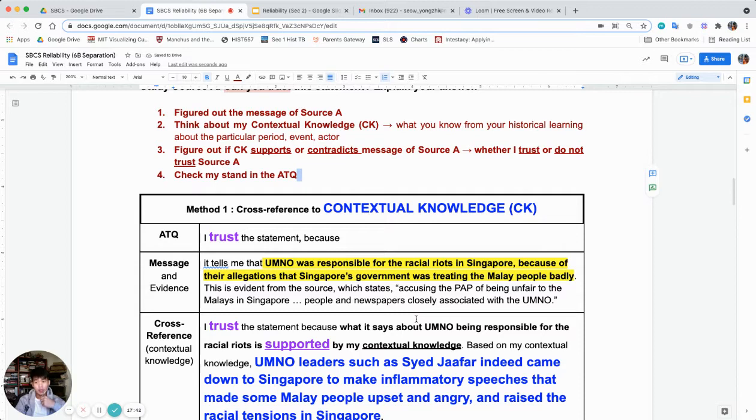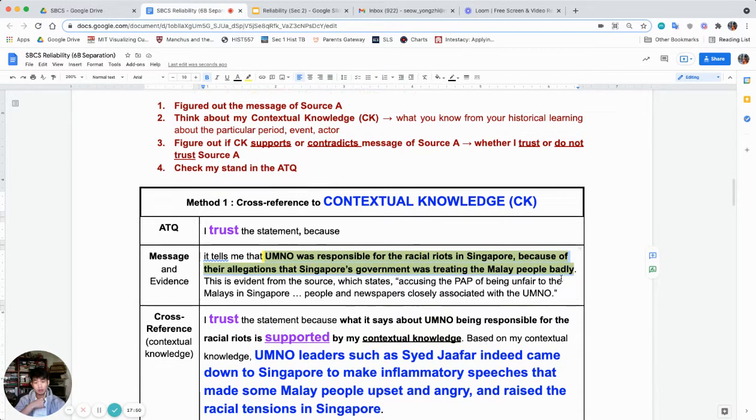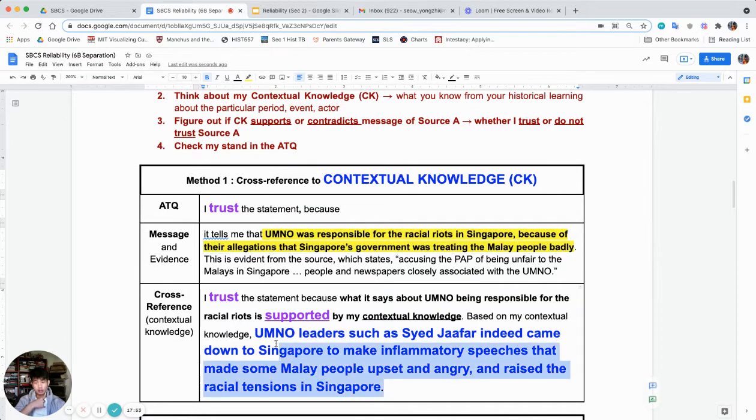It's tricky because the steps are jumbled up. I had to figure out what's the message, go and put in my contextual knowledge, find out that my contextual knowledge supports the message, then decide what is my stand, which is the trust.